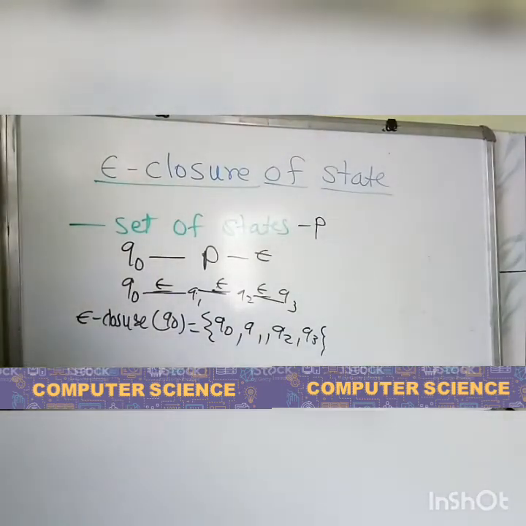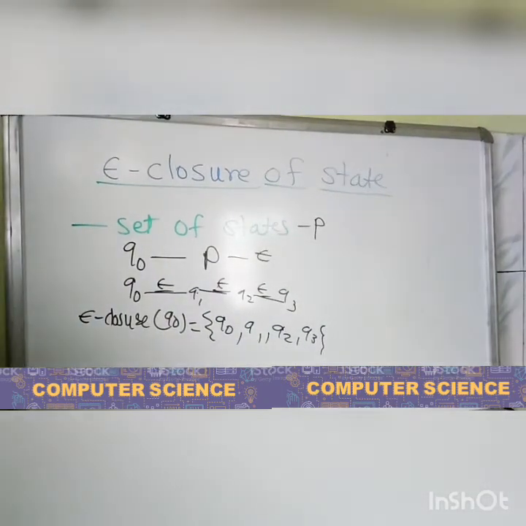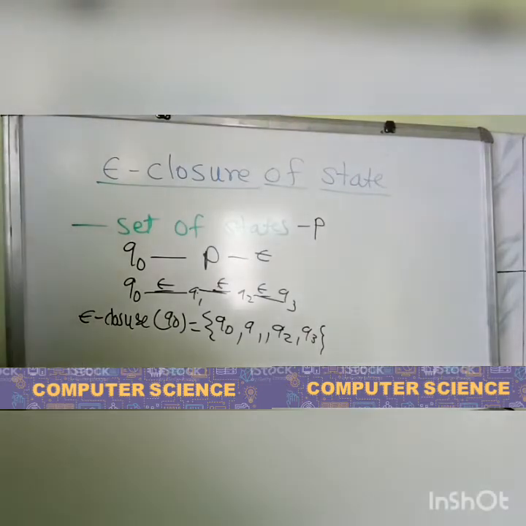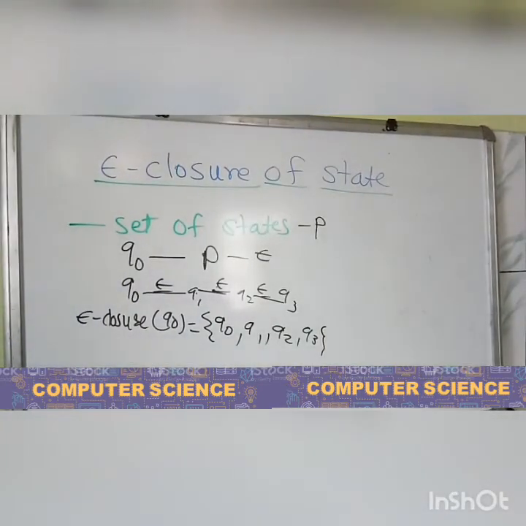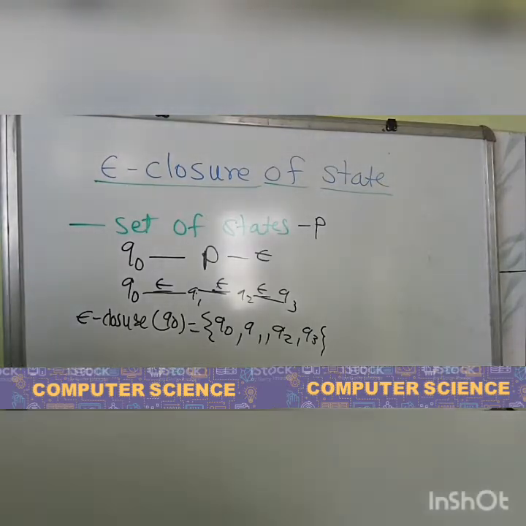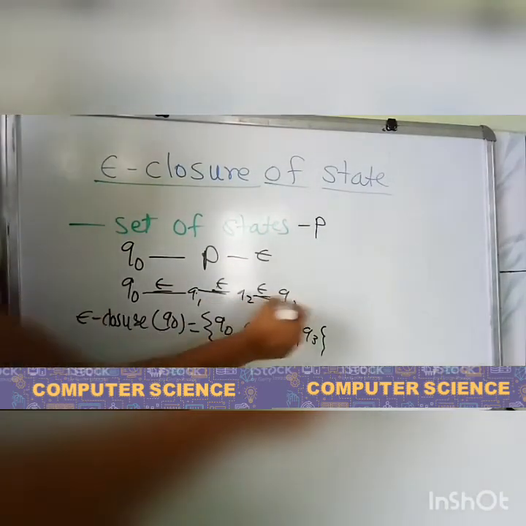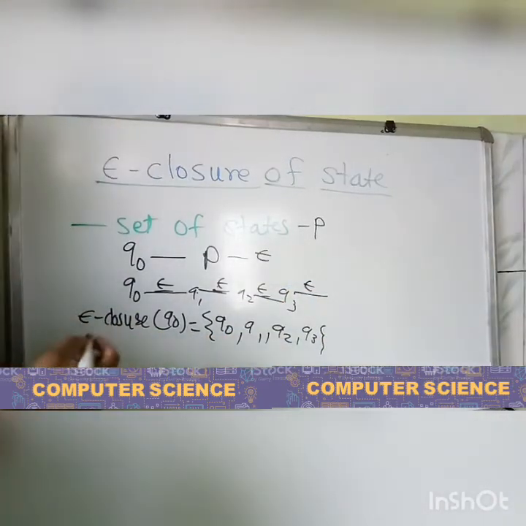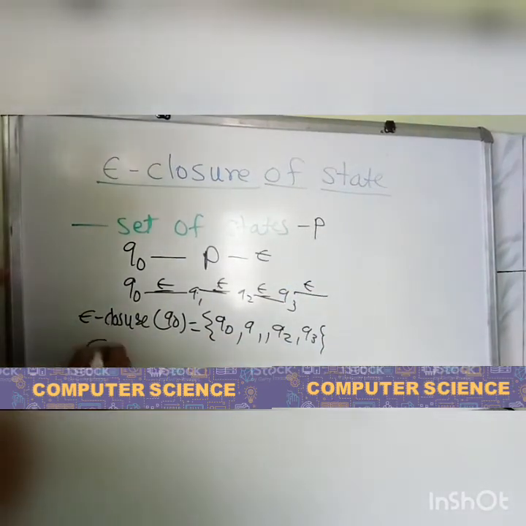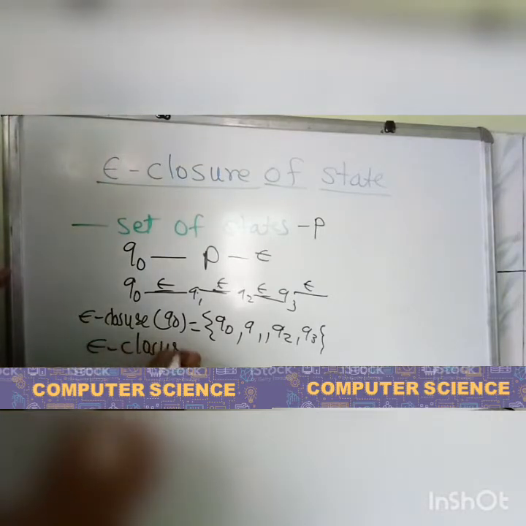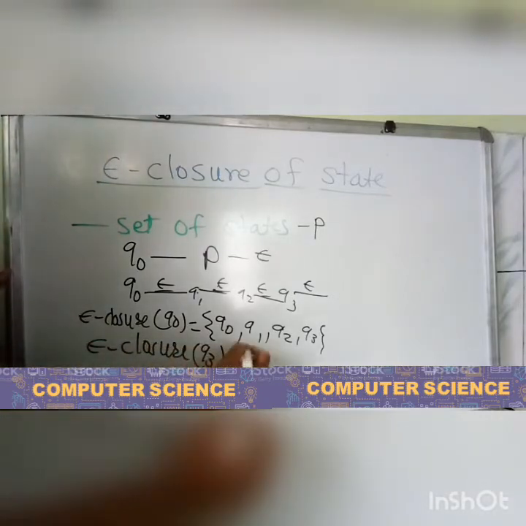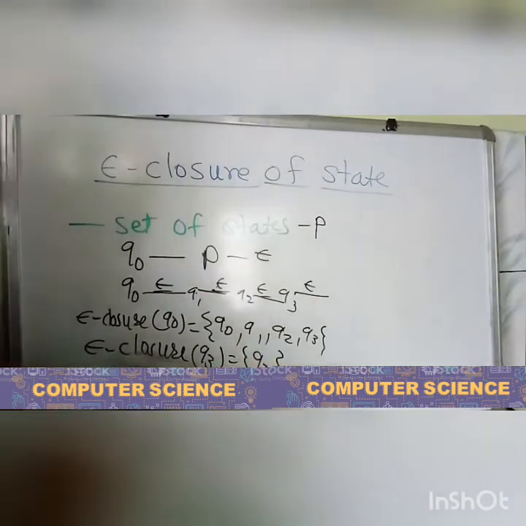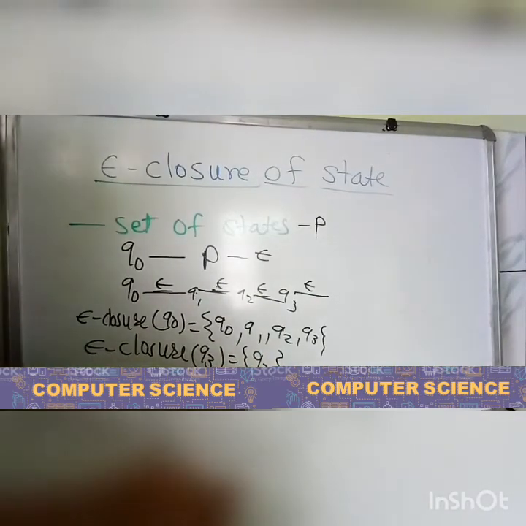One key note for taking epsilon closure is that every state will come into its own epsilon closure. If this is the final state and no further state comes with epsilon, then the epsilon closure of Q3 will be the state itself, that is Q3.